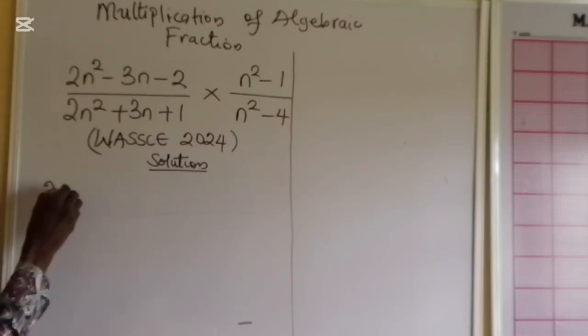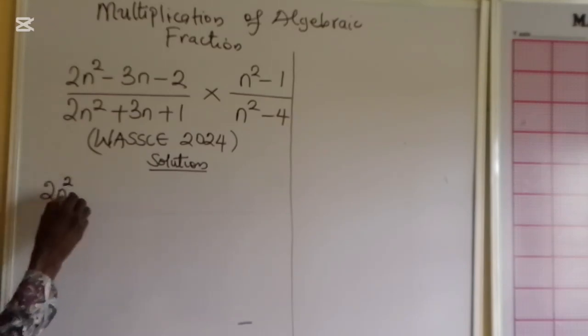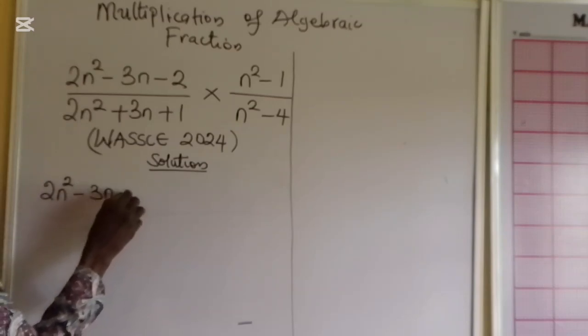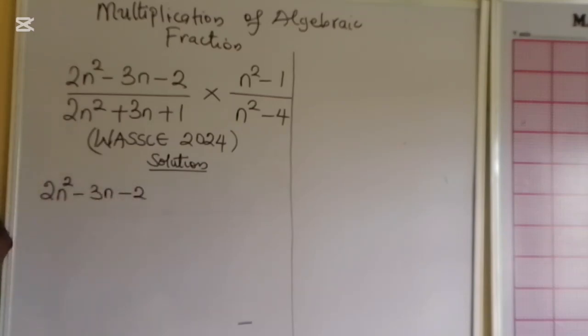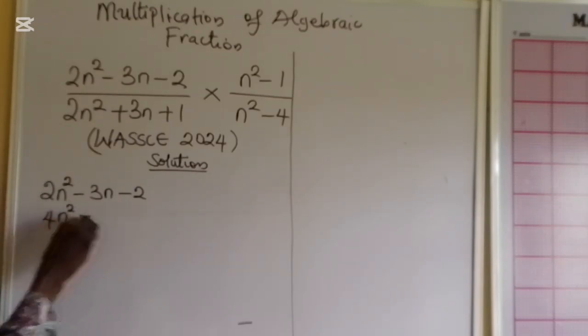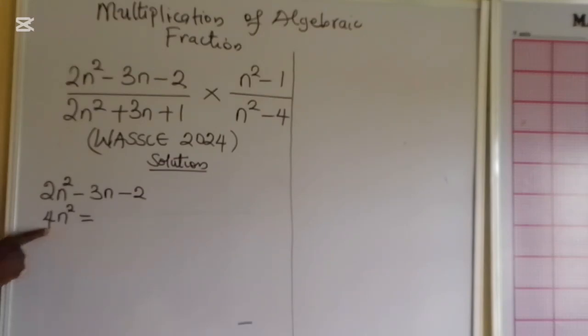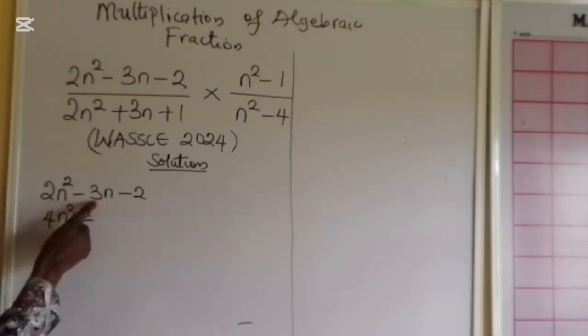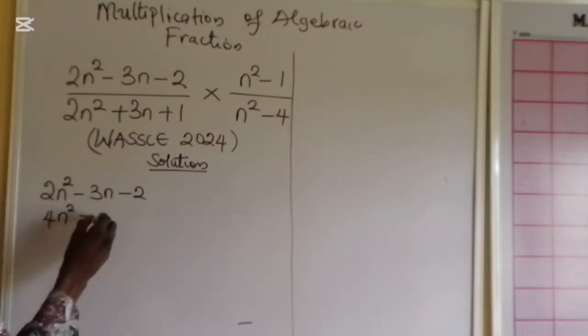2n² − 3n − 2. I will use the last term to multiply the first term, which will give us −4n². What two numbers multiply to give −4n² and subtract to give −3n?